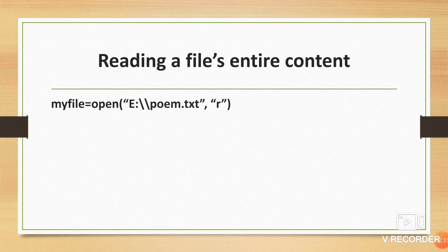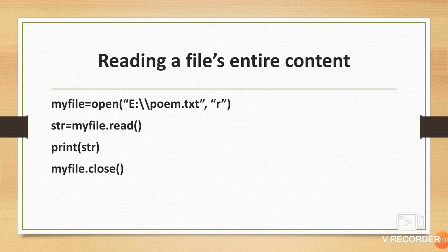Now we will see the program. myfile equals open, inside the opening and closing parenthesis, e:/home.text, r. str equals myfile.read. Print str. myfile.close. So what happened here?